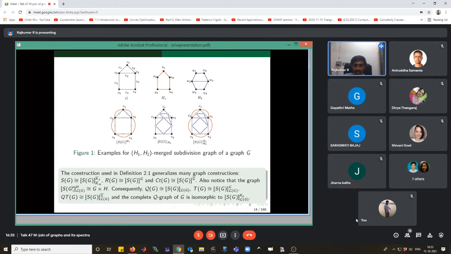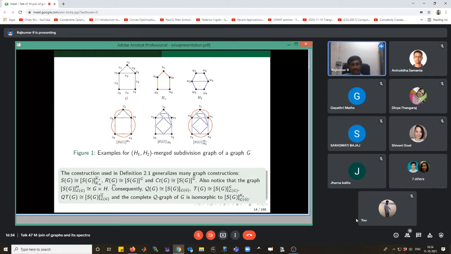The Q graph of G is nothing but taking the subdivision graph and merging the line graph L(G) in the newly added vertices. And the total graph is nothing but S(G) with G and L(G). And the quasi-total graphs, the complete Q graph, all these things.